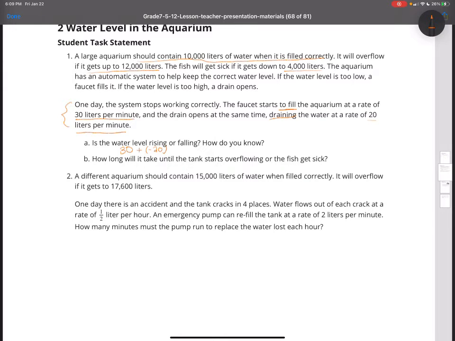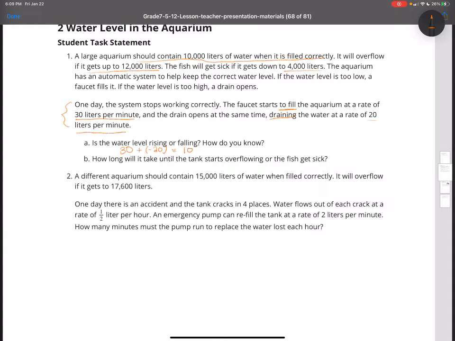Now, I put 30 plus negative 20, but adding a negative is the same as subtracting a positive, which is basically the additive inverse. So 30 minus 20 is the same as saying 30 plus negative 20. The reason I wanted to subtract their unit rates is because the water is filling and draining at the same time, so we want to figure out how much water is accumulating in total.